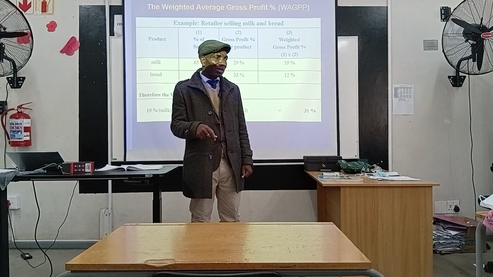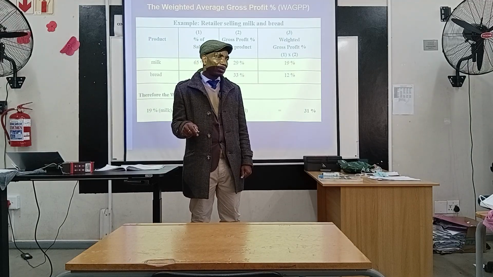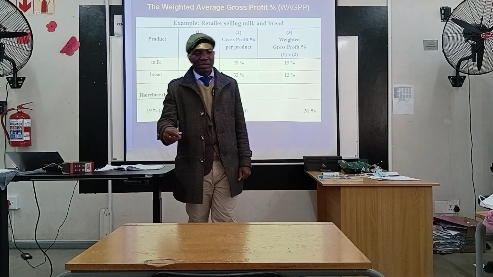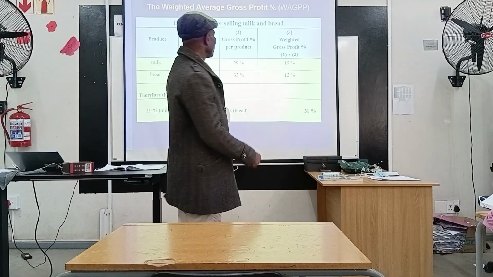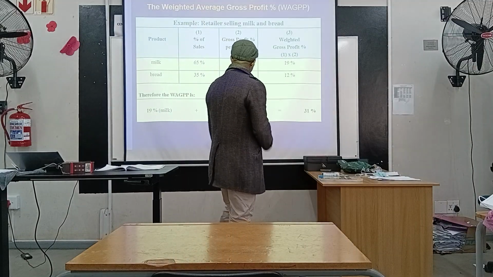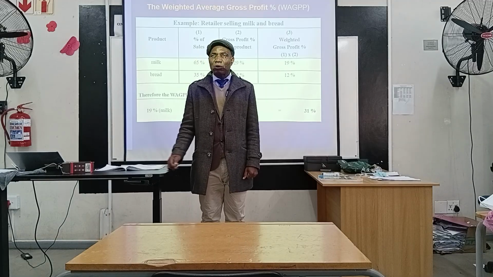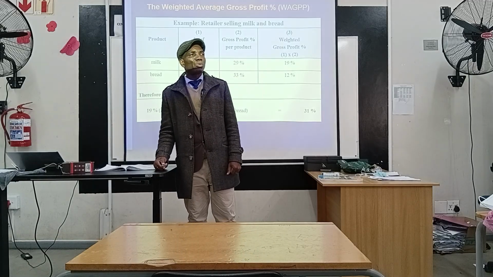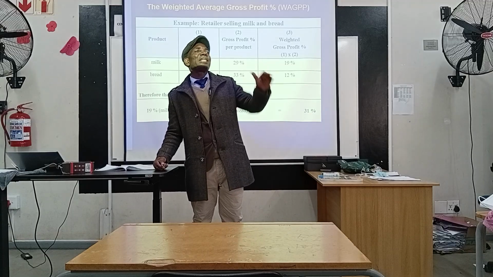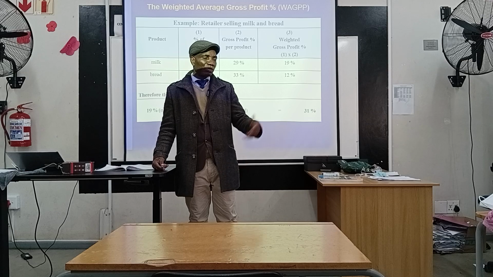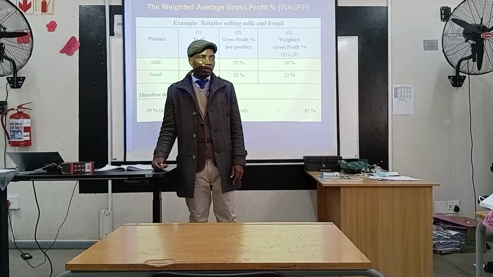The previous one I demonstrated to you is for only one product. So why do you need to use this formula, and under what scenario? When you are selling more than one product, there could be a situation whereby one product is selling more than the other in terms of turnover.